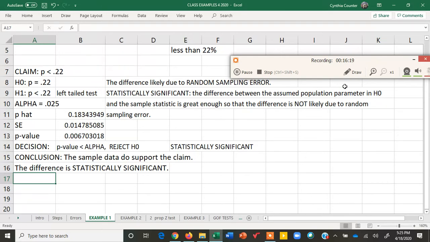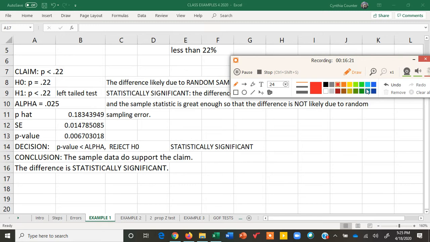Well, still the same basic picture. The only thing that really changed was our assumption, but that resulted in a big change in the p-value. So now we have the assumption that p equals 0.22.